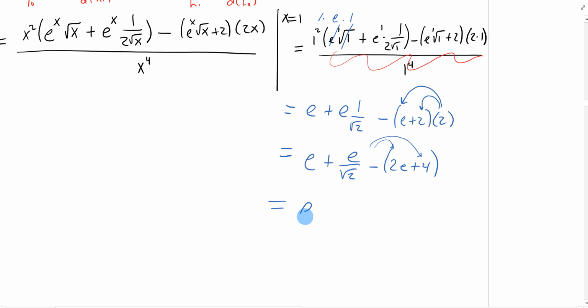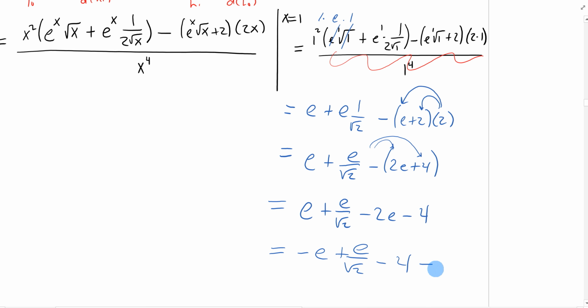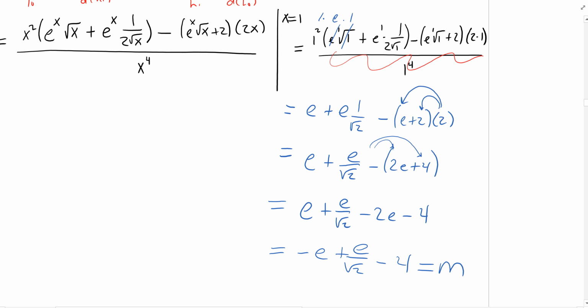So that's going to be e plus e over 2 minus 2e minus 4. Now just combine like terms. E take away 2e is minus e plus e over 2 minus 4. And this is my m. So let's go ahead and clean this up.